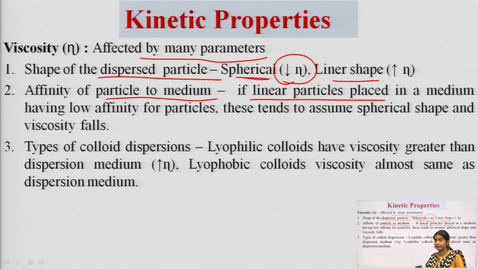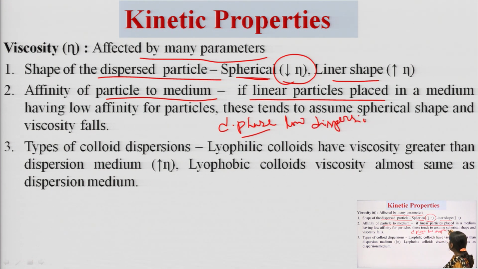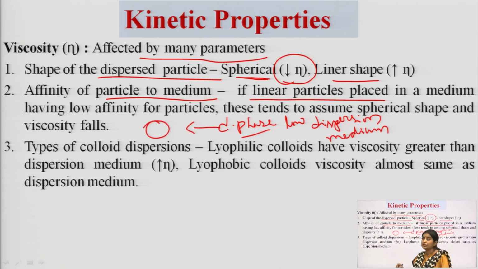Spherical shape means if the disperse phase has low affinity toward the dispersion medium, then it assumes a spherical shape. And as it assumes a spherical shape, the viscosity decreases. As we have studied, it is a tendency of any molecule to get attracted towards another molecule which is of the same nature.